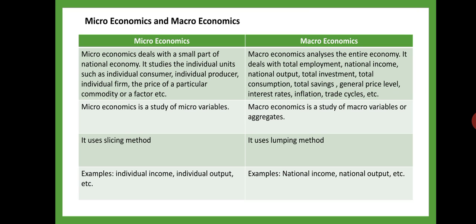Now what is meant by microeconomics? It deals with a small part of the national economy. Micro, as we all know, means small. So micro is a study of small variables, small parts. It studies the individual units such as individual consumer, individual producer, individual firm, the price of a particular commodity or a factor, etc. Micro means study of a particular commodity, you can say.